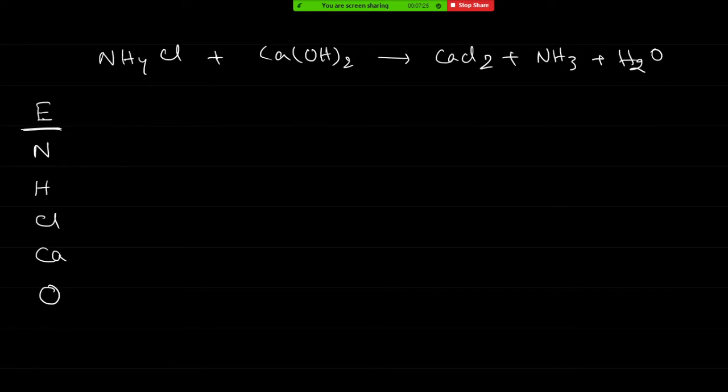So in the elements we have the nitrogen, hydrogen, chlorine, calcium and oxygen. So now you can write on the reactant side and product side how many atoms are there.